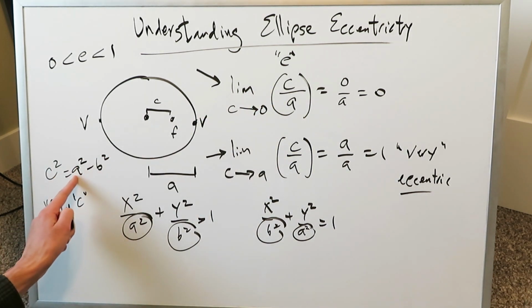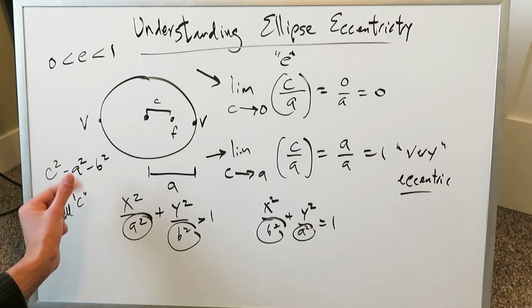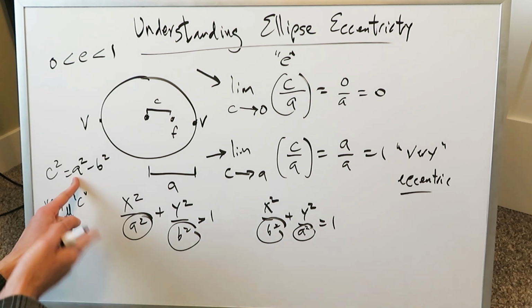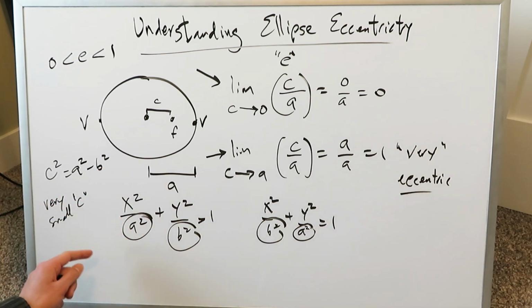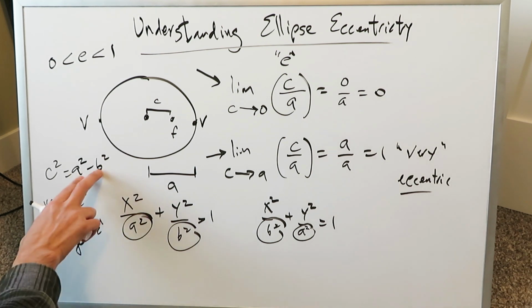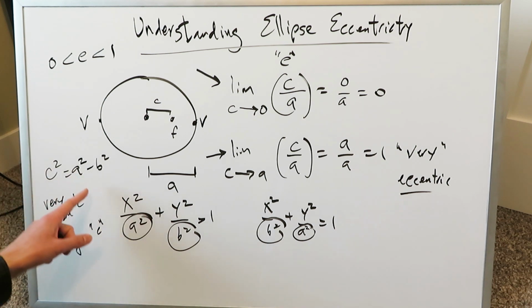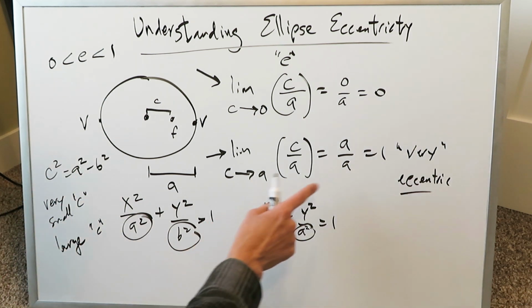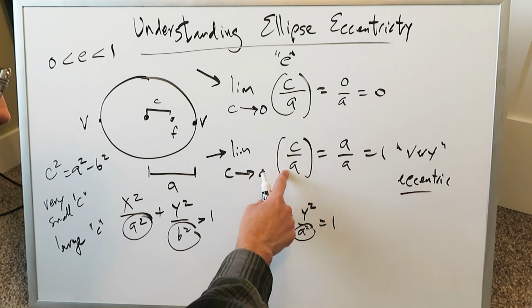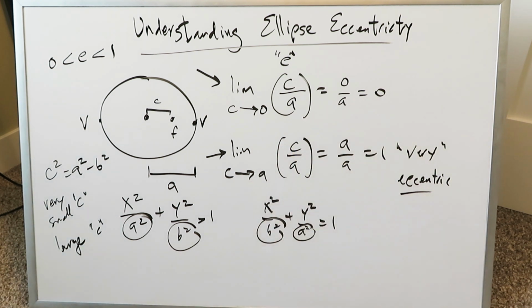If the a square and b square disparity is very large, because a square is such a large number and b square is such a small number, then you'll have a large c value, because the difference here is very large. The square root of that difference is also large, and you'll be looking at something of this situation right here, because here your c value will be large, getting close to a, and you'll have something very eccentric.